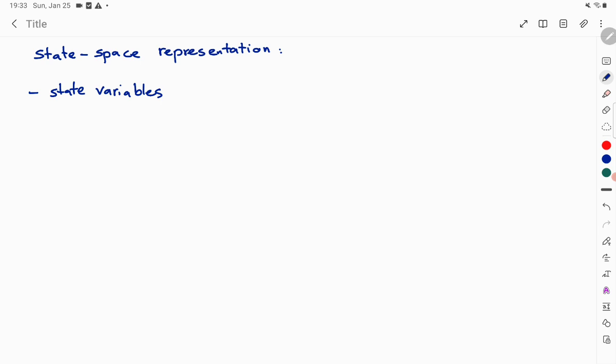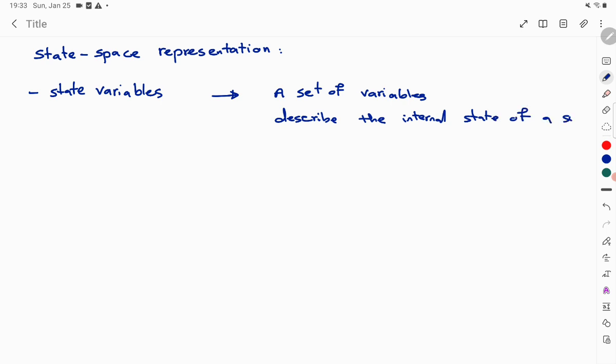What are state variables? State variables are a set of variables that describe the internal state of a system at a given time.